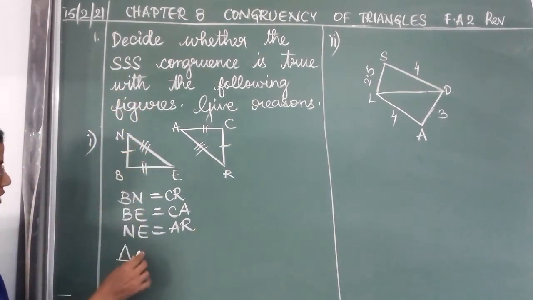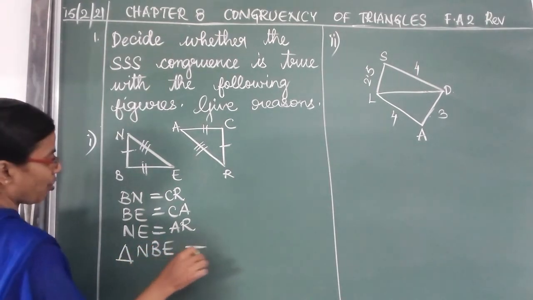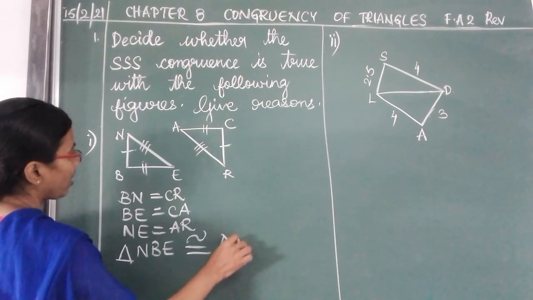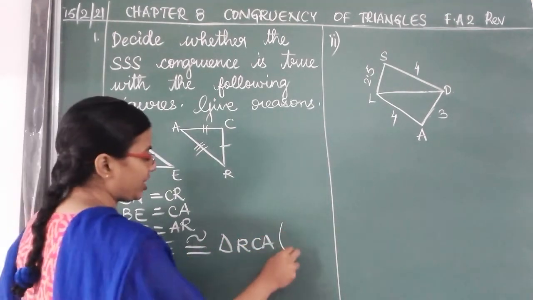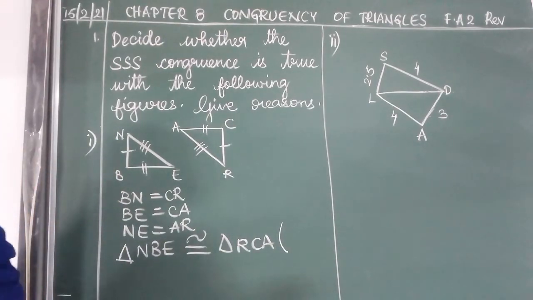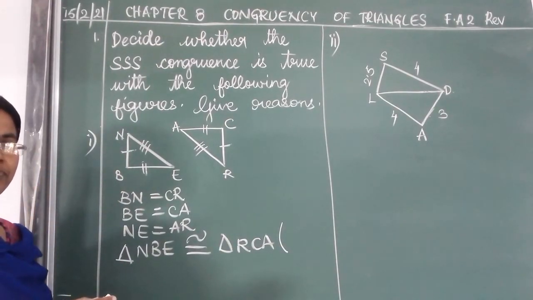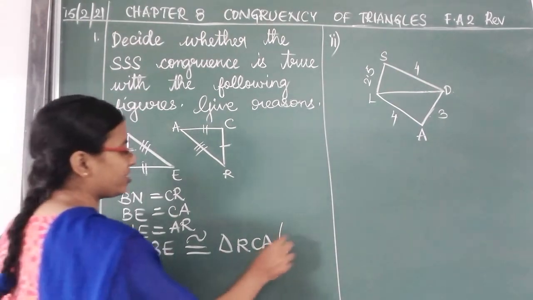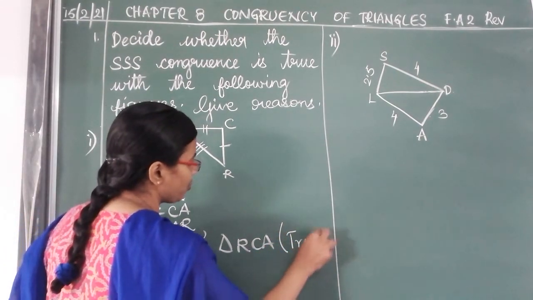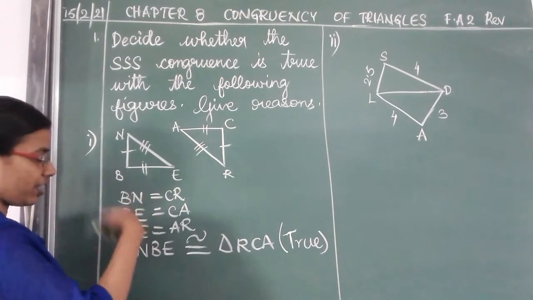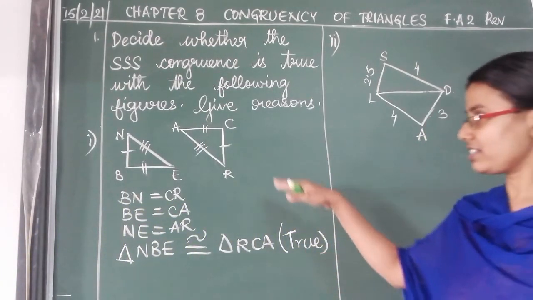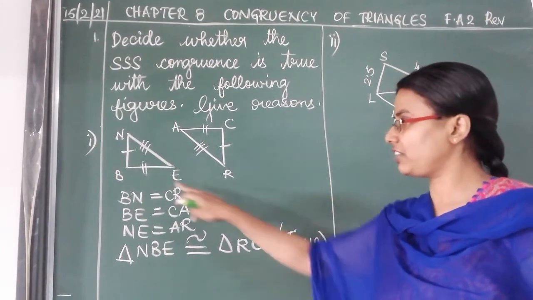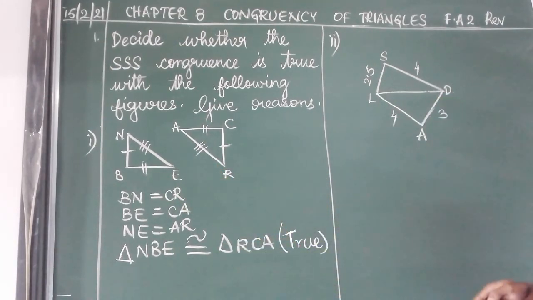So let's write triangle NBE is congruent to triangle RCA. So congruency, is it true or false? Right, it is true because all the three sides are equal to the corresponding sides. You know that by SSS criteria, you can tell that these two triangles are congruent to each other.